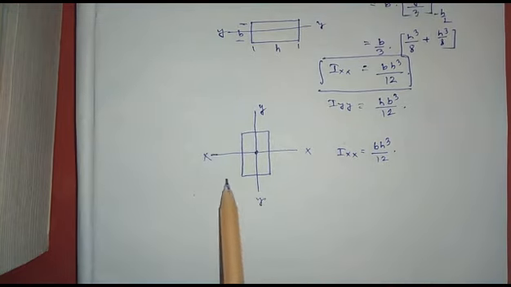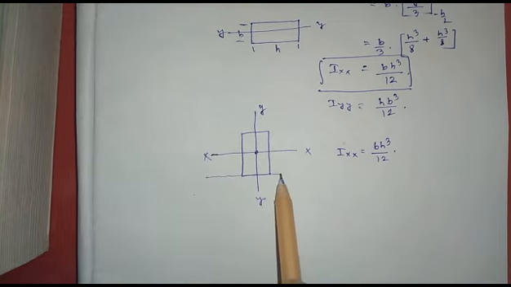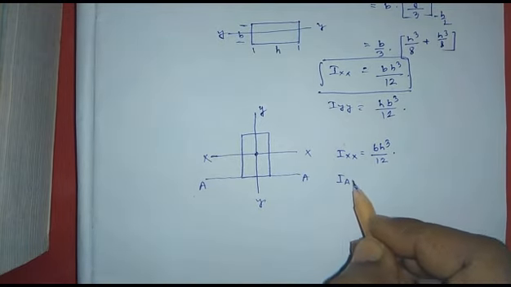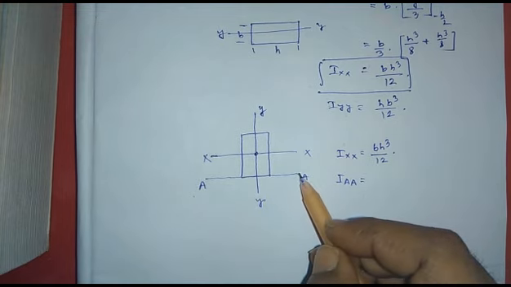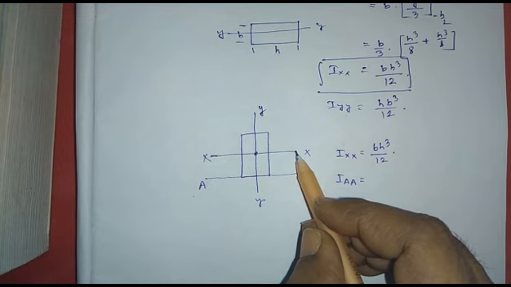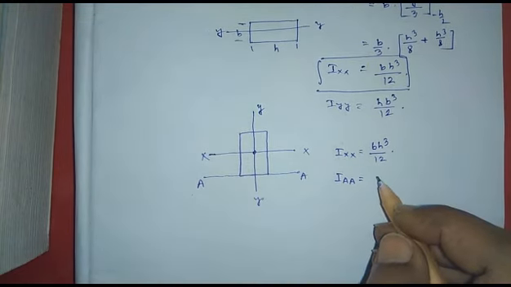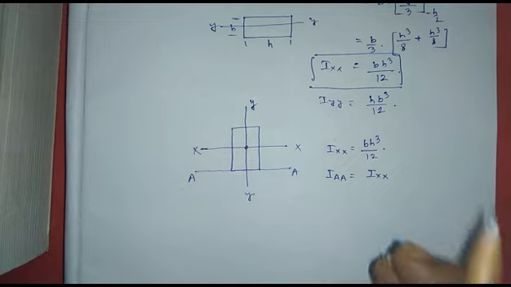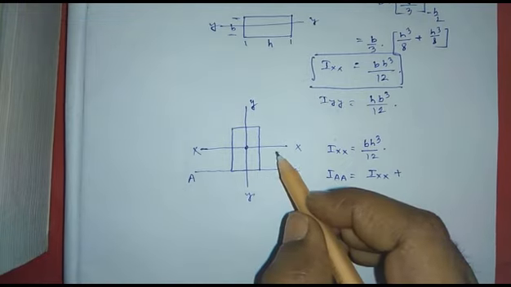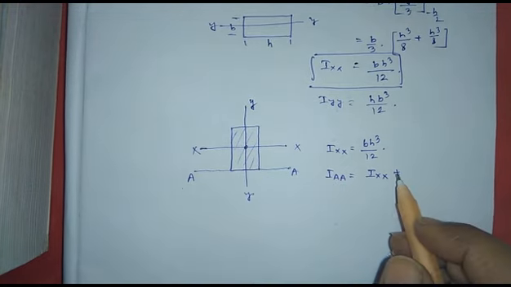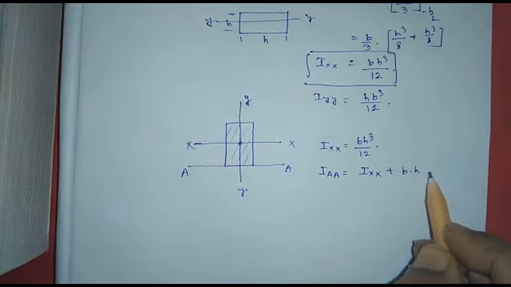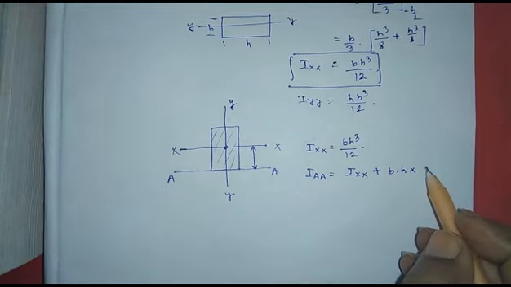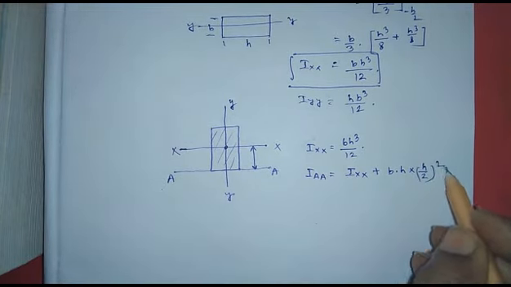If you want to calculate the moment of inertia of this lamina about this axis, say this axis is the AA axis, which is parallel to the centroidal x-axis, then using the parallel axis theorem, we can say it will be the moment of inertia about the centroidal x-axis plus the area of this lamina, that is b into h, into the square of the distance between these two axes, and this distance is h by 2, so square of that.